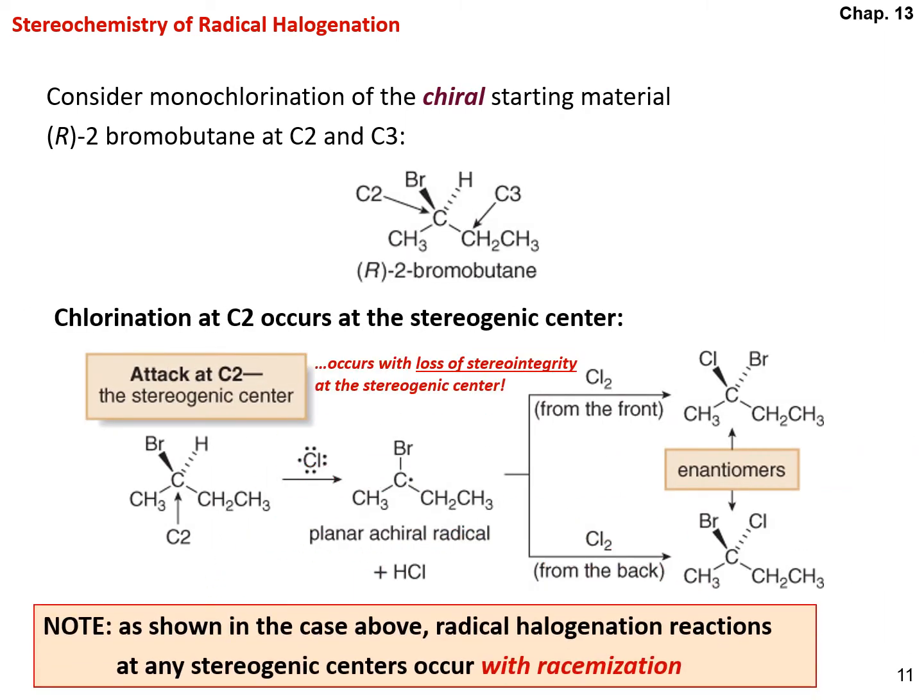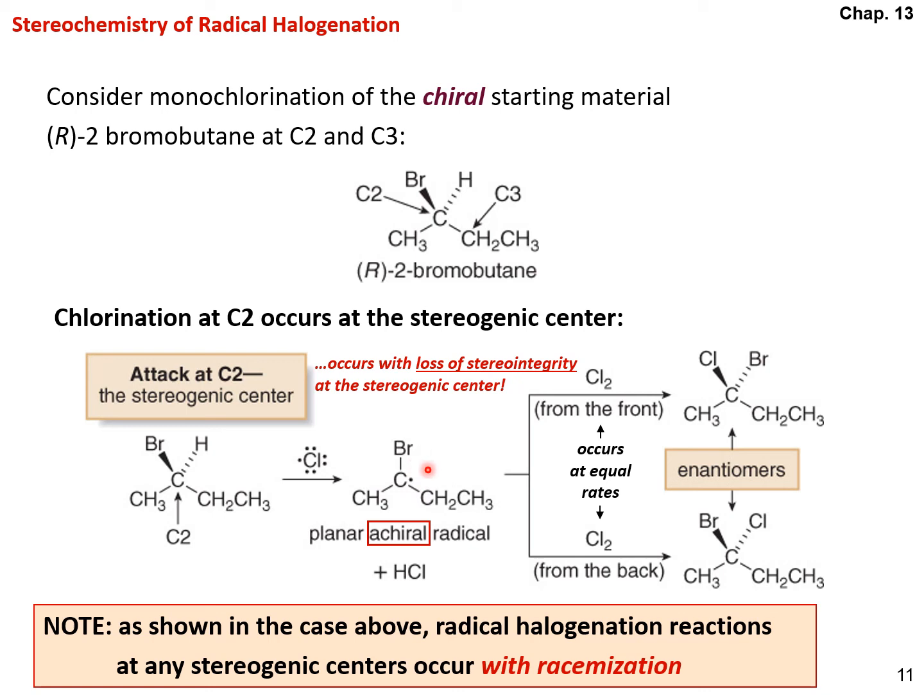When you perform free radical monochlorination at C2 and C3 of R-2-bromobutane, it's a different story. For example, look what happens when you perform chlorination at C2. Once you remove the hydrogen atom off of C2, this asymmetric center, you go from a chiral center to something which is completely achiral.